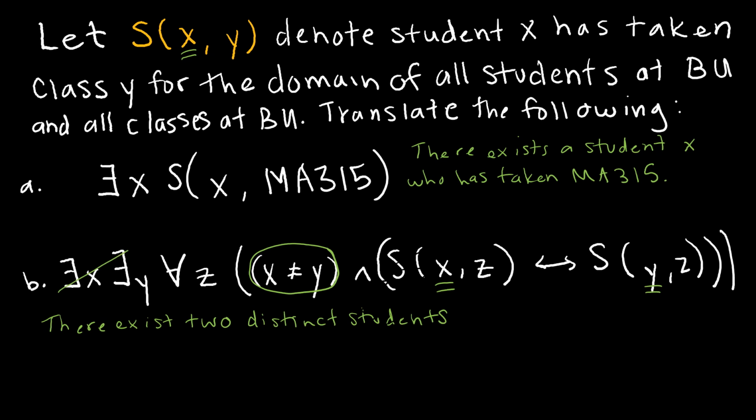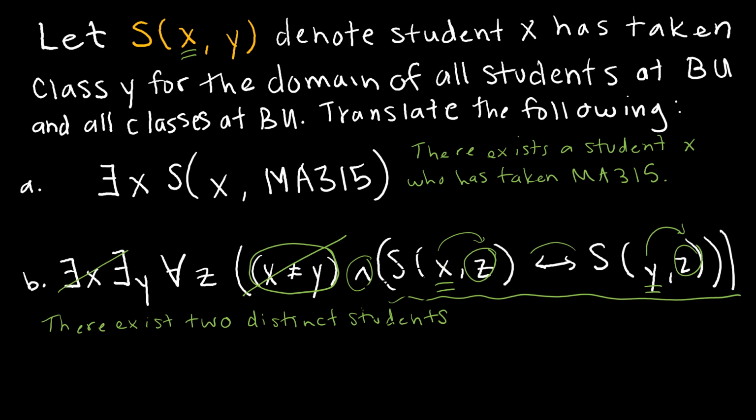So I've gotten through there exists, I've gotten through, hey, they're not the same person. And now, what does all of this business mean? Well, we can assume that z is some class, right? So any class at BU. And we're saying that student x has taken class z, and student y has taken class z, and this one's if and only if. So I could write it out in a longer sentence and then shorten it down, but I'm just going to go straight for the gold.